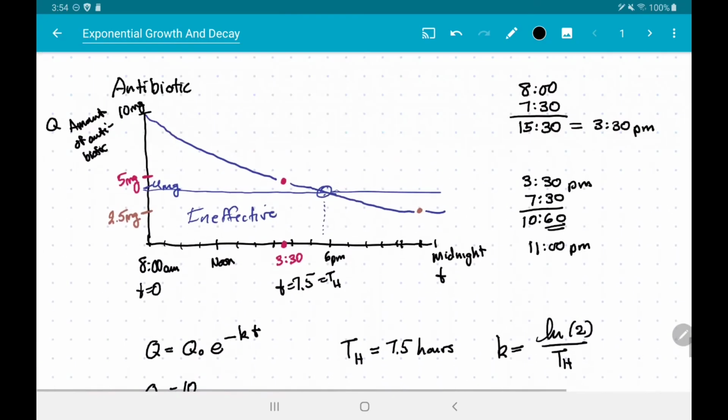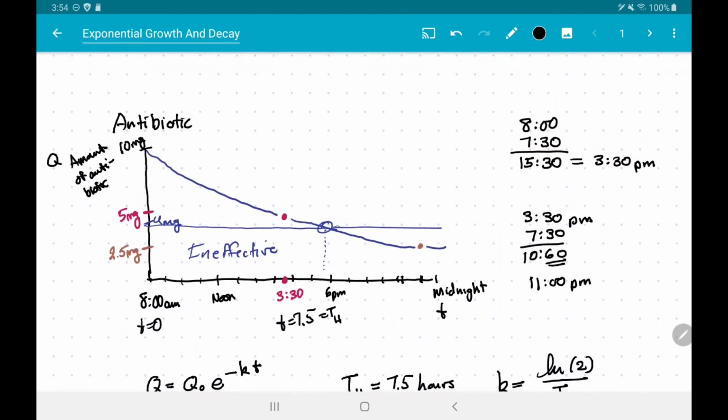Incidentally, this is why when you take antibiotics, for example, they don't just give you one big pill. Instead, they want to maximize the amount of time you spend with an effective level of the drug in your body.